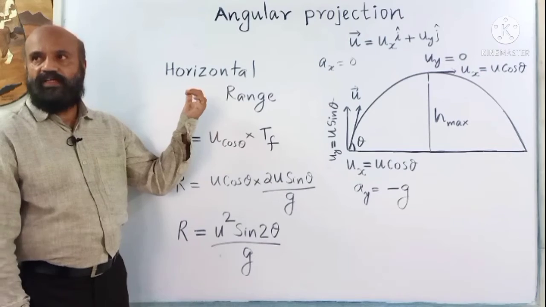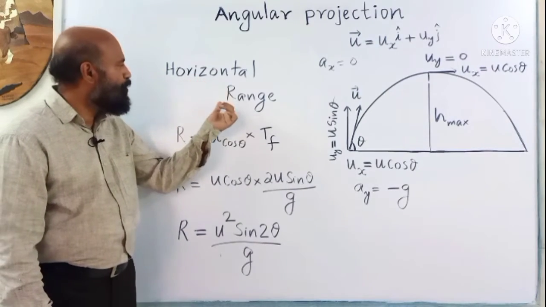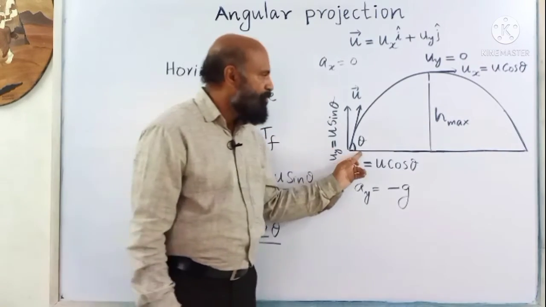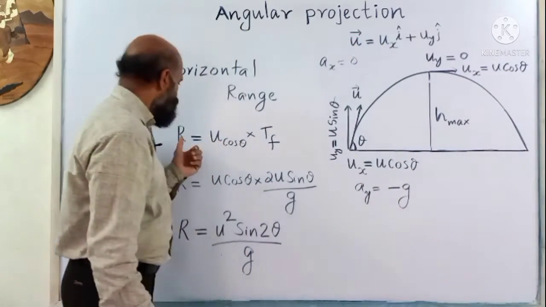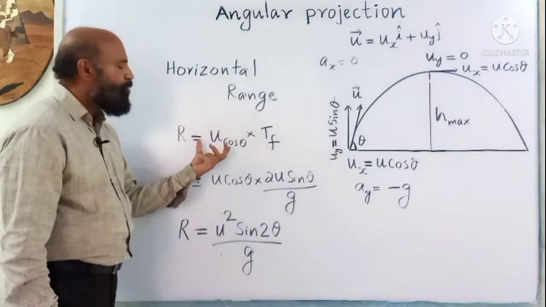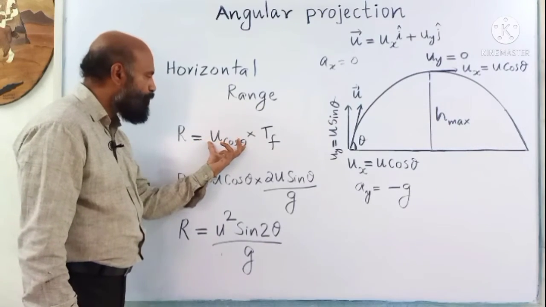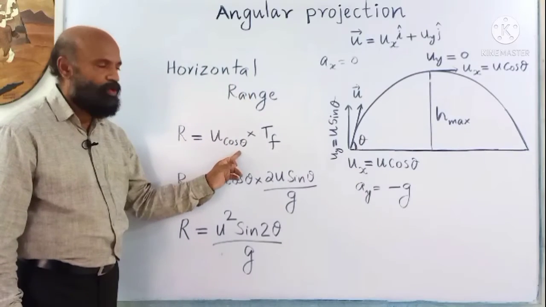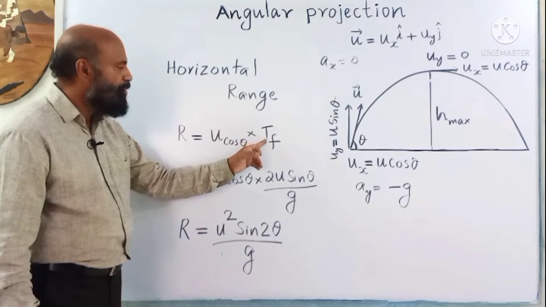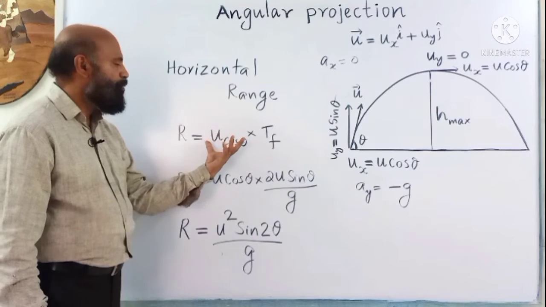Now let us derive an equation for horizontal range. This is what is horizontal range. Horizontal range is equal to horizontal component of the velocity. So horizontal component of the velocity is u cos theta. You multiply by the time of flight.